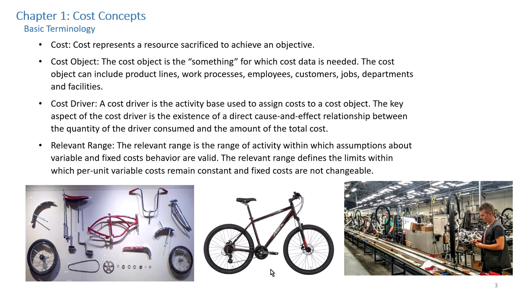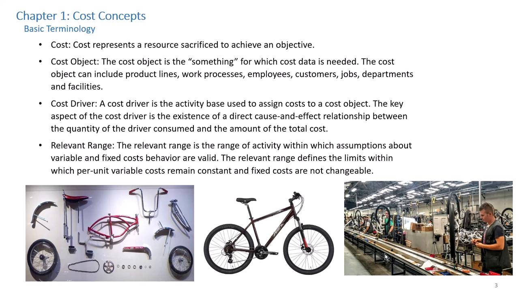The cost drivers would be those activities that cause the cost to be incurred. For manufacturing a bike, the cost drivers could include the labor hours needed for production, assembly, and inspection. Another cost driver could be the machine hours needed to manufacture the bike.